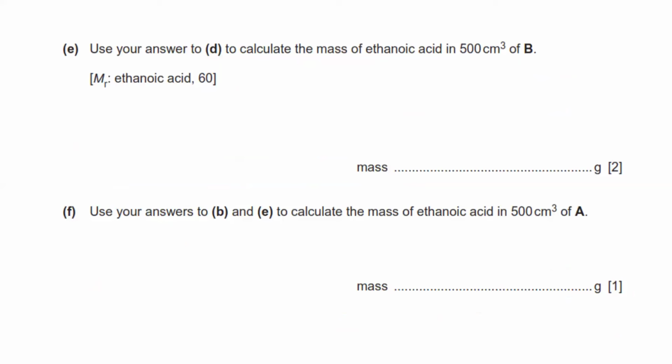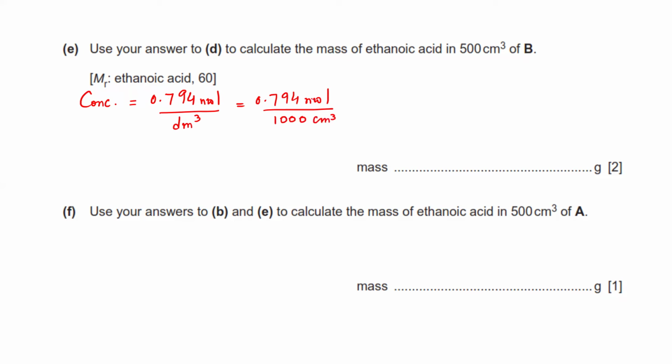Moving ahead, it says use your value in D to calculate the mass of ethanoic acid in 500 centimeter cube of B. So concentration is equal to 0.794 moles per decimeter cube. This means 0.794 moles per 1000 centimeter cube.